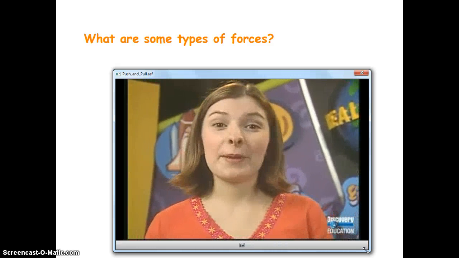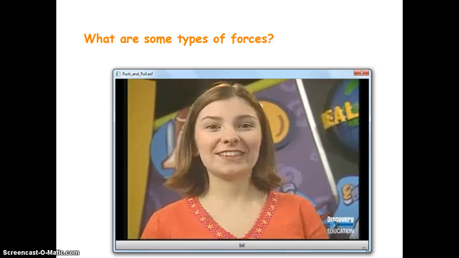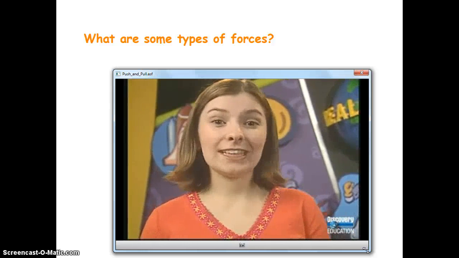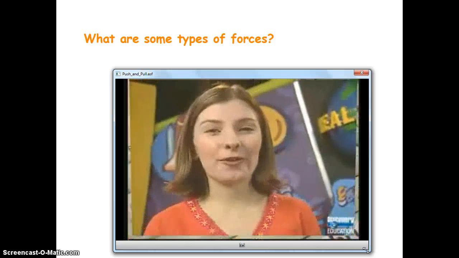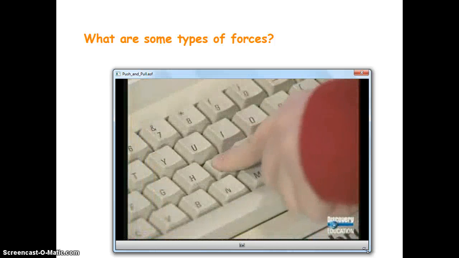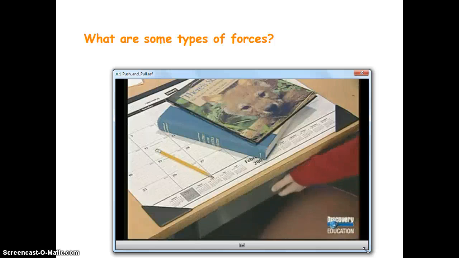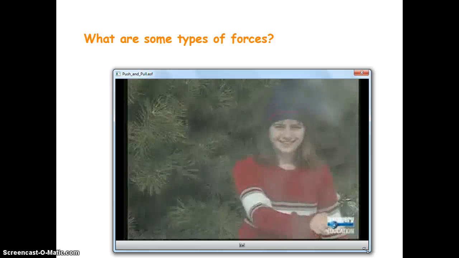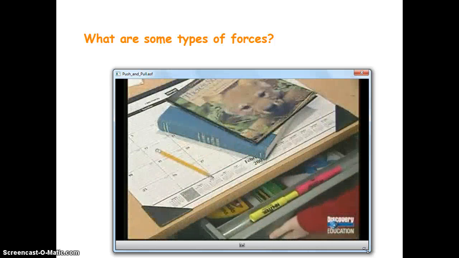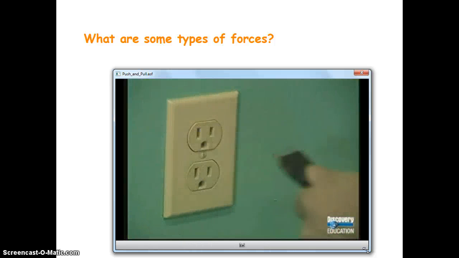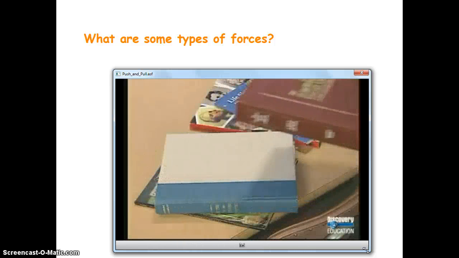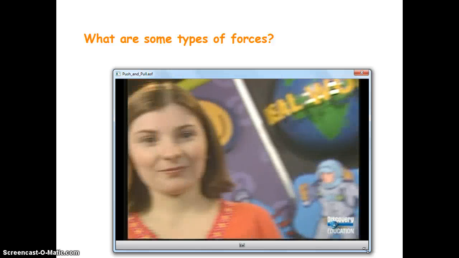Forces are involved in just about everything you do every single day. Every force is either a push or a pull. Pressing a button, closing a drawer, and throwing a snowball are examples of a push, while opening a drawer, unplugging a wire, and lifting a book are examples of a pull.